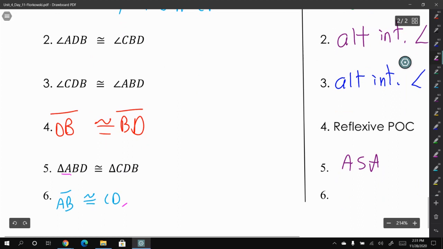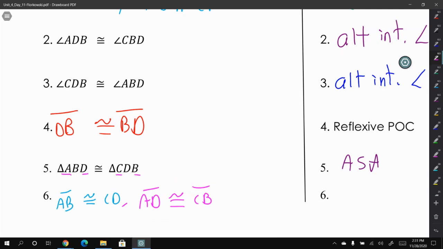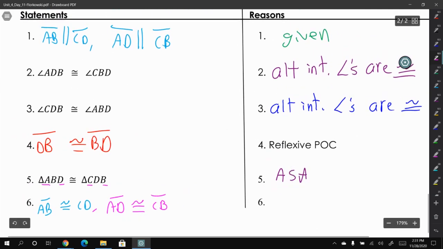So now AD, the first and third letter, is congruent to CB, the first and third letter. So those are corresponding parts of congruent triangles, so they are congruent. So the reasoning is CPCTC.